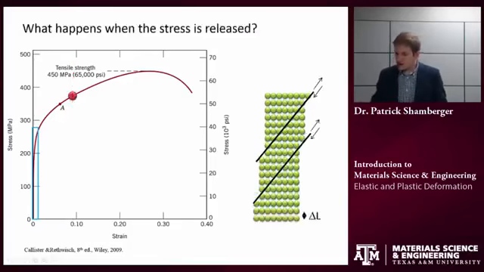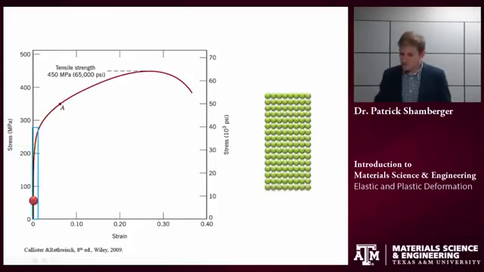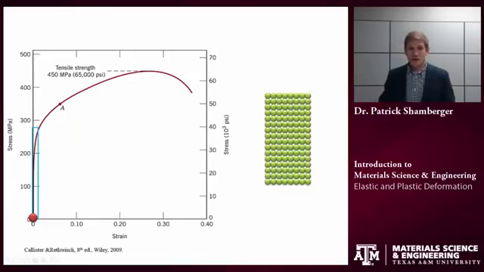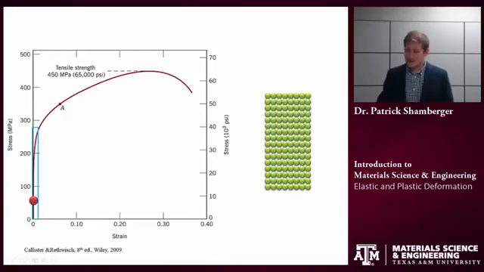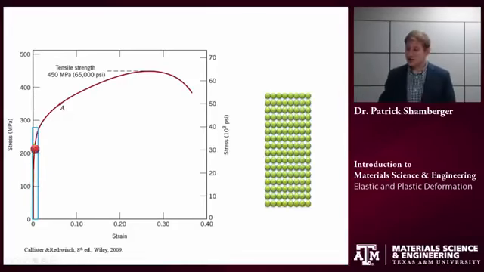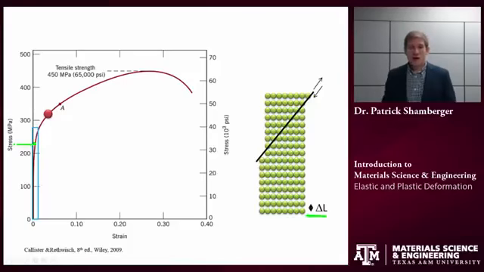Okay, let's go back and see this one more time. So initially, the material is going to undergo elastic deformation, that is a stretching of bonds. At some point, I'm going to overcome the yield strength of the material, and I'm going to induce some other sort of deformation that is no longer recoverable. So I'm now inducing plastic deformation. In a crystalline metal, the plastic deformation is explained by slipping along crystal planes.